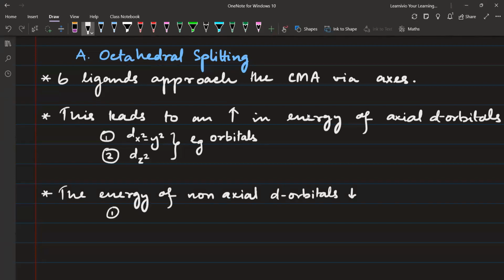What are the non-axial ones? They are dxy, dyz, and dxz. The three of them are known as t2g orbitals.